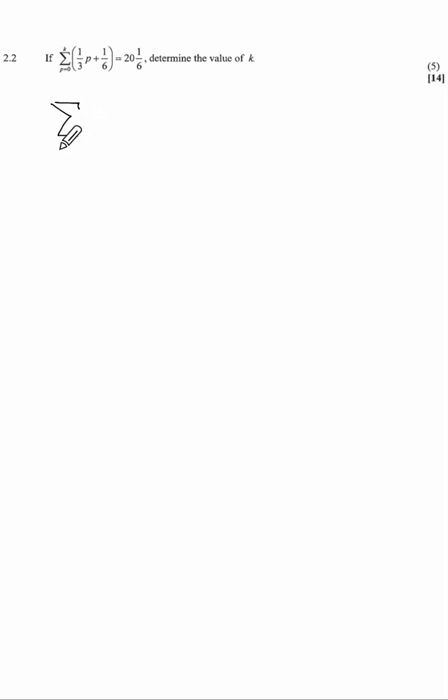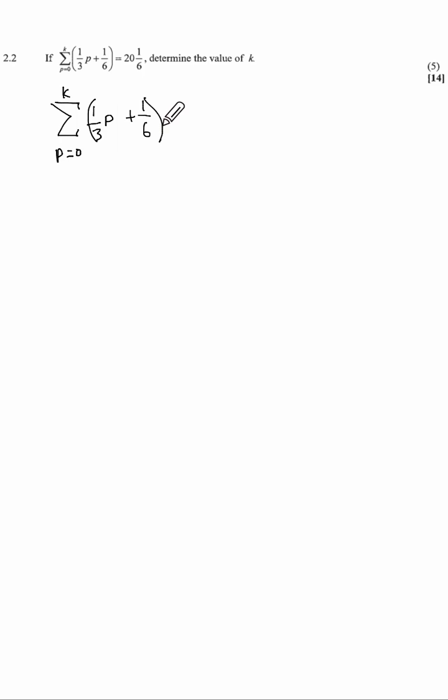So there is a sum of certain terms from, in this case, p equal to 0 up to k of terms which are defined by 1 over 3 by p plus 1 over 6. So the sum of all of that from p equal to 0 up to k should give us this value. But for now, we will not deal with that value. So let's just expand this.